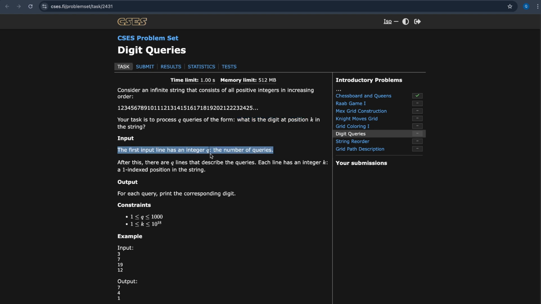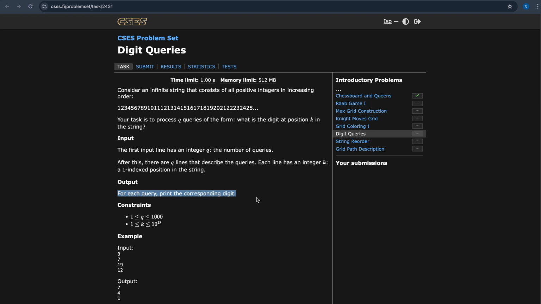The first line of input is an integer q, the number of queries we have to process, and then we have q lines that describe the queries. Each line has an integer k, and we have to print out the digit at that one-indexed position in the string. For each query we have to print out the corresponding output.